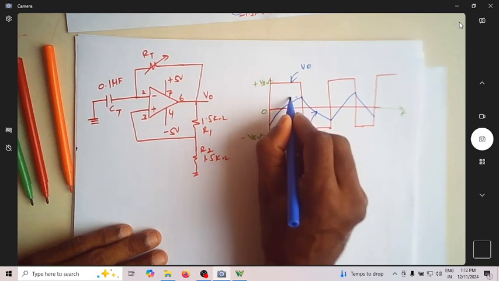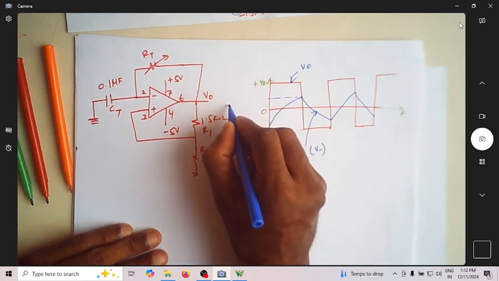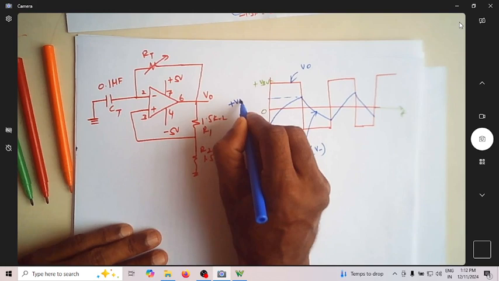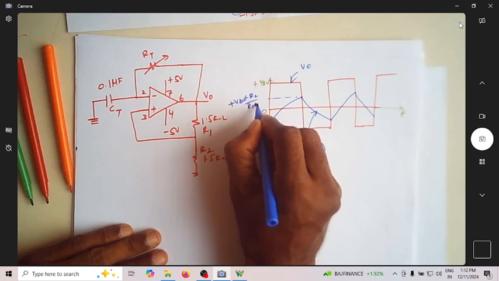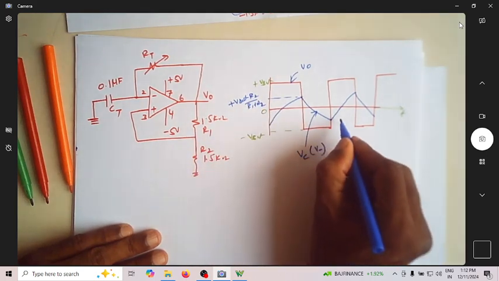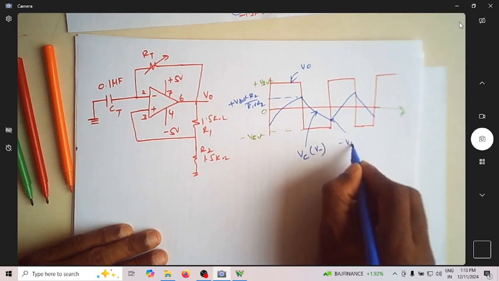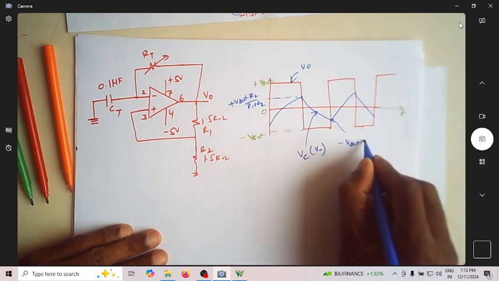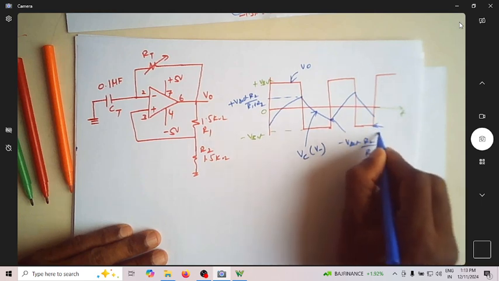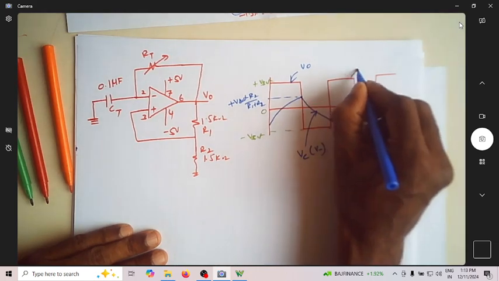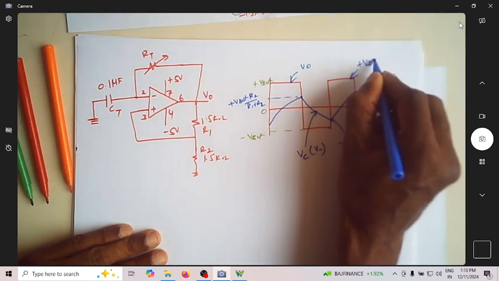So what is this voltage? This voltage is plus Vsat into R2 by R1 plus R2. This voltage is minus Vsat into R2 by R1 plus R2. This level is minus Vsat and this is plus Vsat.